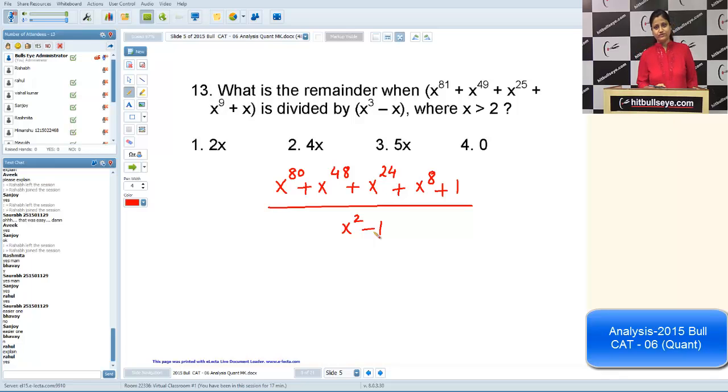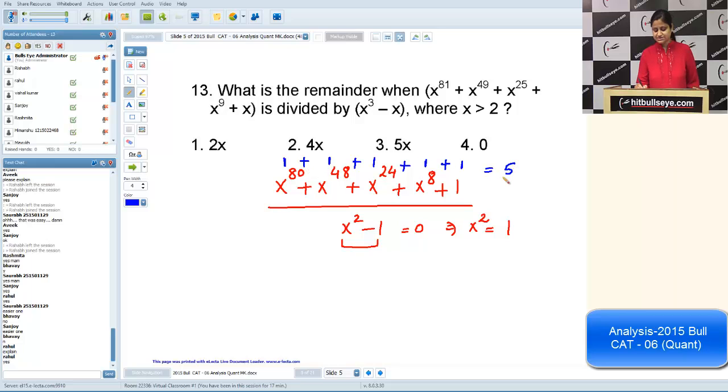Now, whenever we want to find the remainder, what is the criteria? Put this equal to 0. I am using remainder theorem here. It means we will replace x square by 1. If we replace x square by 1, I'll get 1 raised to power 40, 1, 1, 1 and 1, and sign of addition.